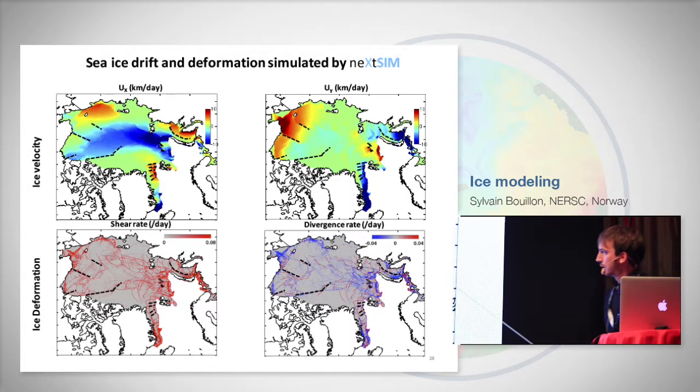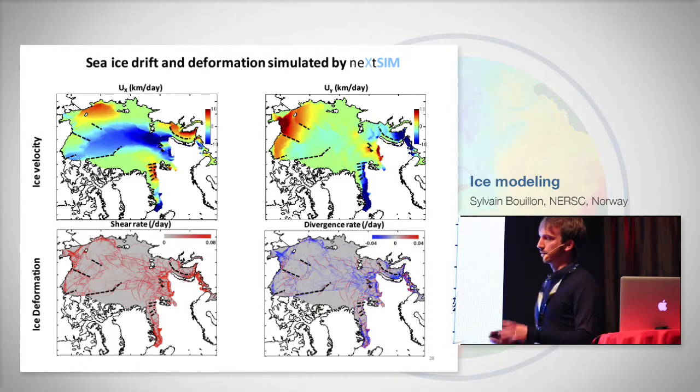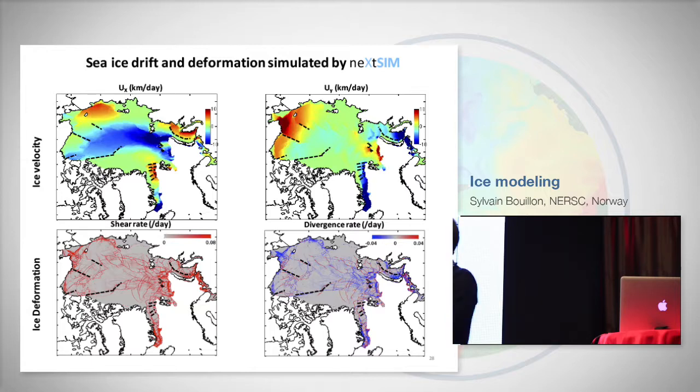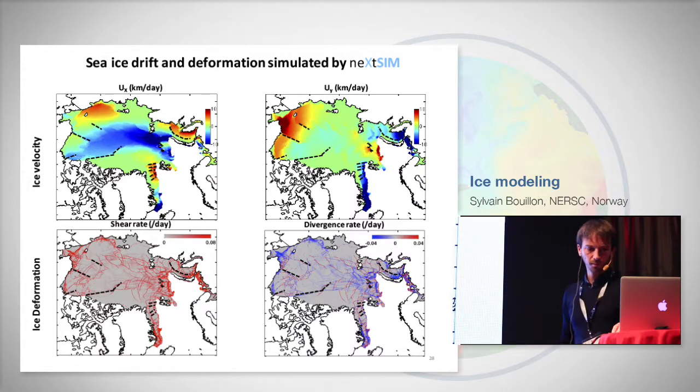So this is the simulated fields as if they were observed from space. We use exactly the same location and the same time periods that were used to get that field from observation, and we apply exactly the same process to compute the deformation from the model at the same location and the same time period.